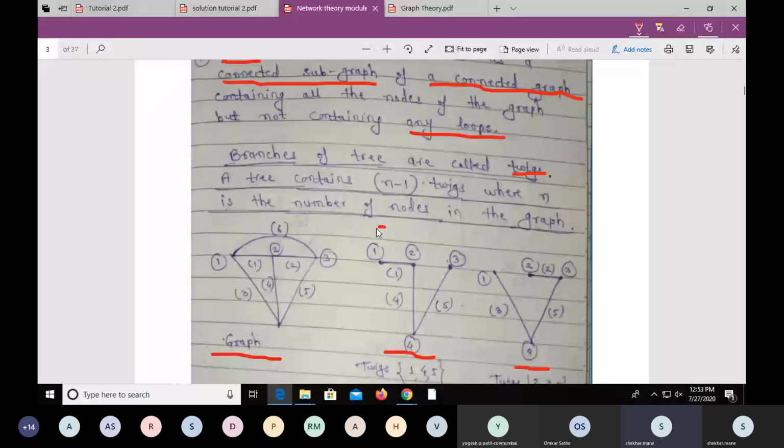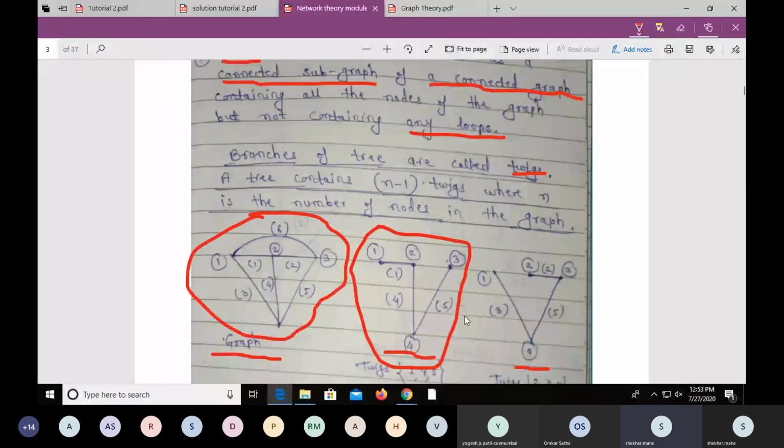This is a subgraph, a connected subgraph, and this is the connected graph. So a connected subgraph of a connected graph containing all nodes. All nodes are there: 1, 2, 3, 4.